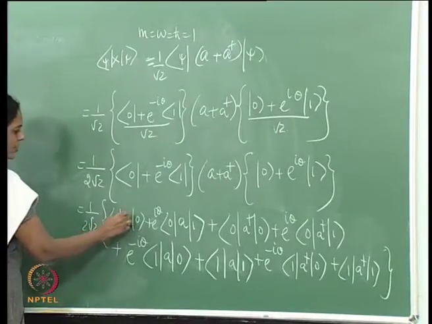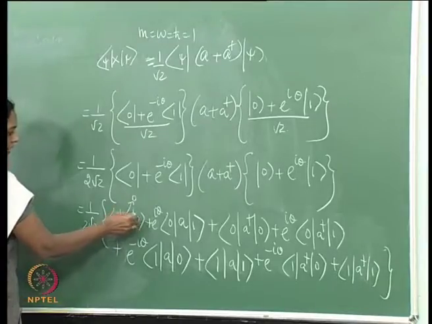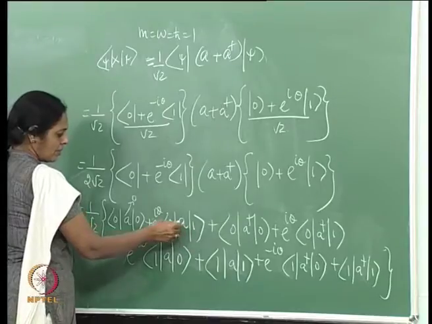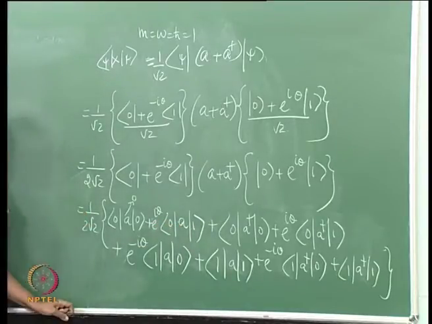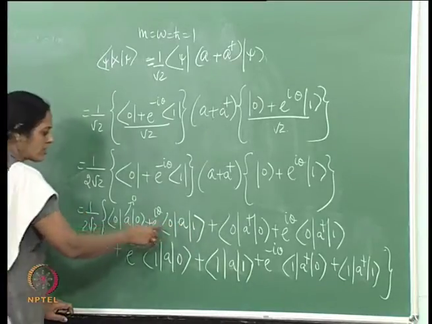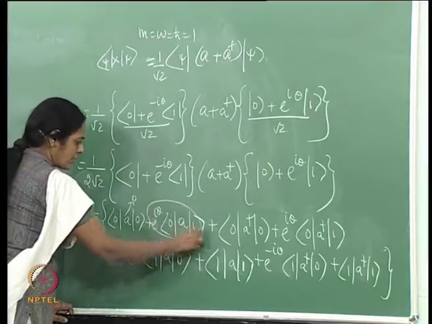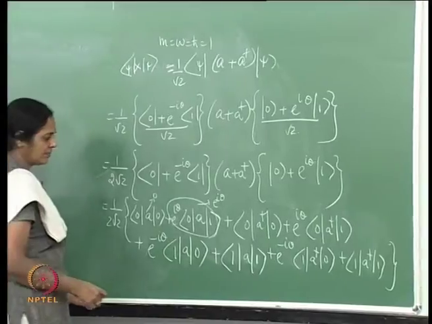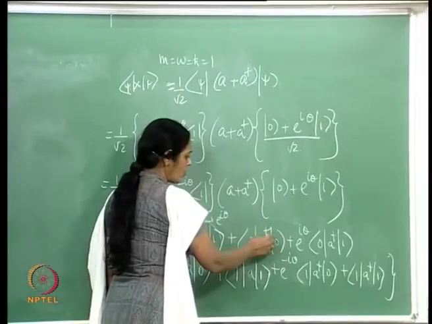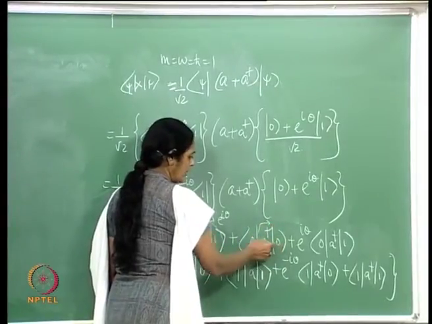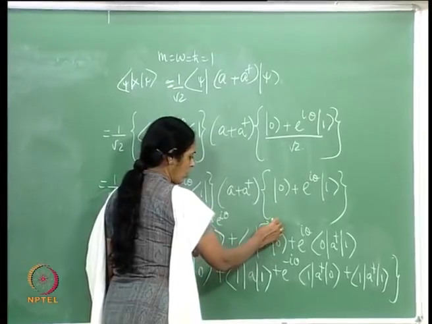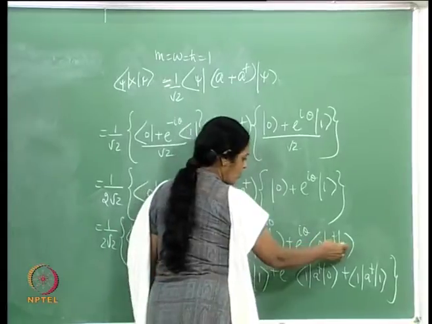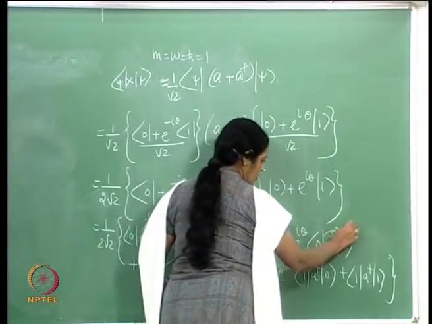It is clear that this is 0 because a on ket 0 is 0. This will make a contribution because a on ket 1 is ket 0 and therefore, this object simply turns out to be e to the i theta. A dagger on ket 0 is ket 1 and by the fact that ket 0 and ket 1 are orthogonal, that is 0. This is ket 2 and I have a 0 here. So, this is also 0.